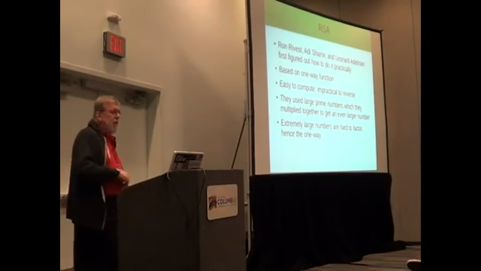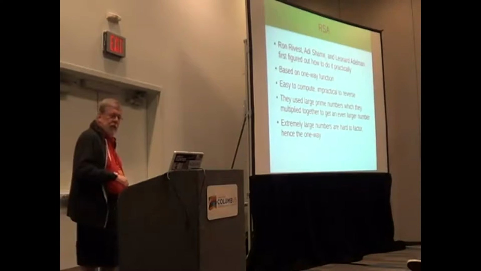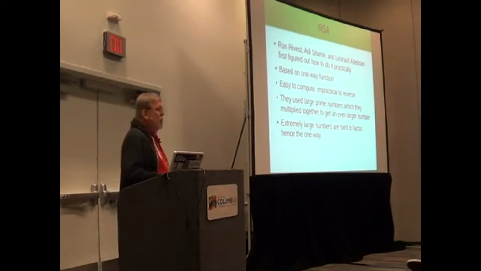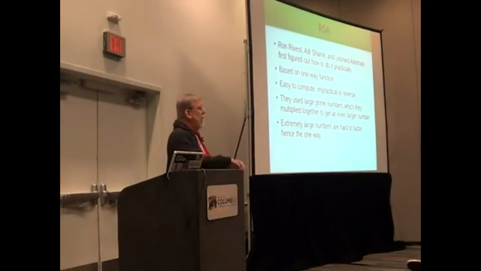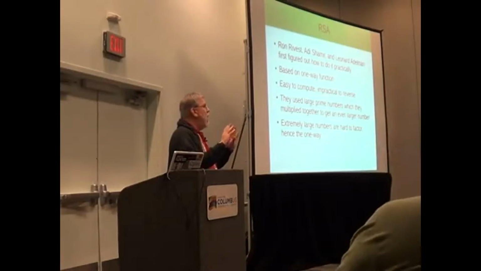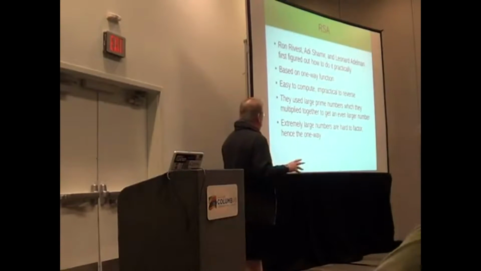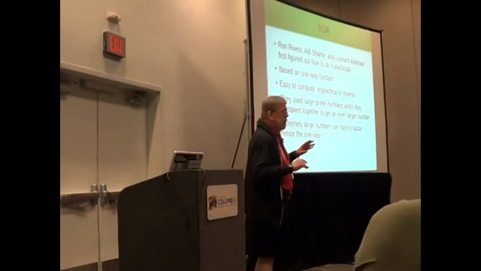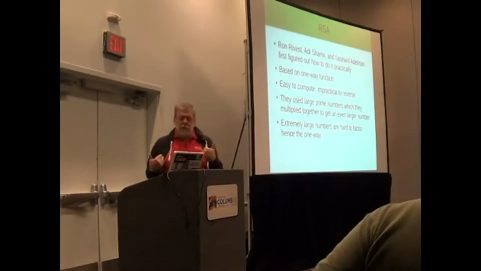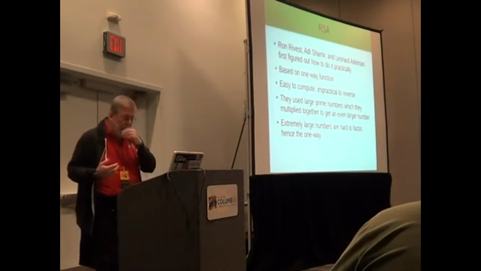So the RSA approach was to take a look at large prime numbers, and I'll tell you right now, I'm not going to get into any detailed mathematics. If you want to learn modular mathematics, it's interesting. I don't understand it, but it's very interesting.